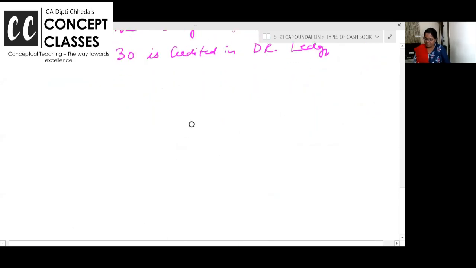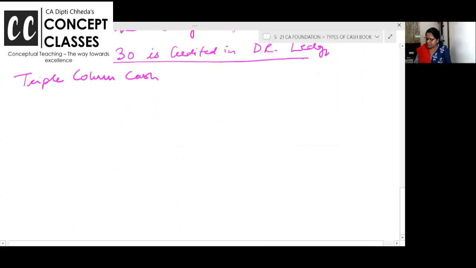Problem number 5 we are doing now. Triple column cash book, I am showing you.